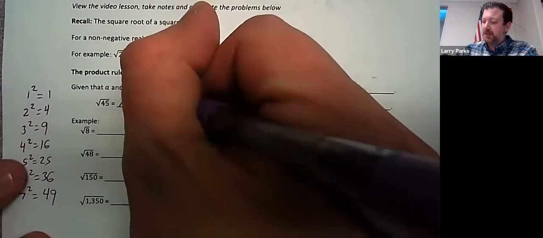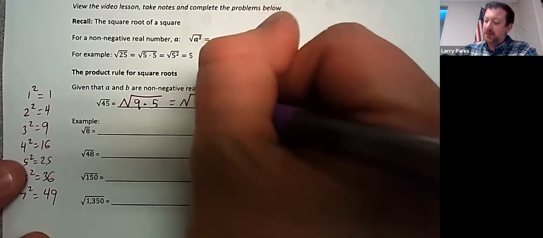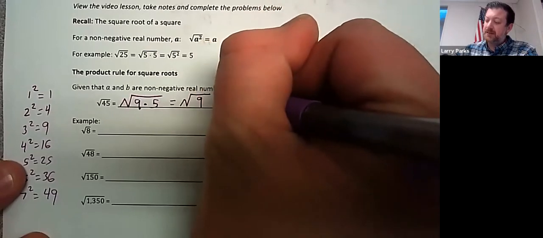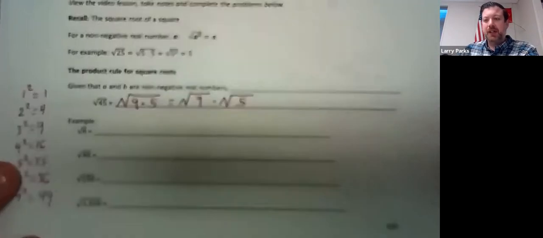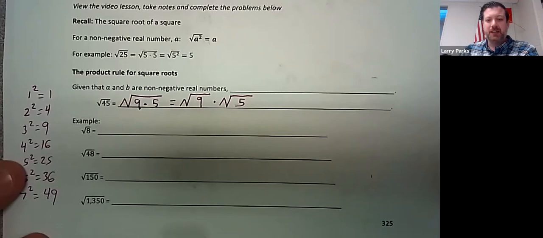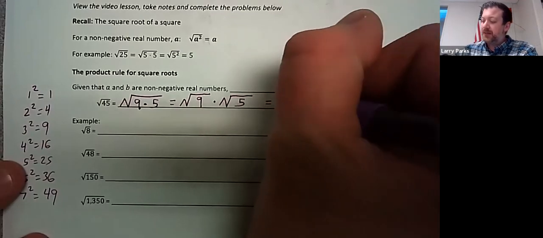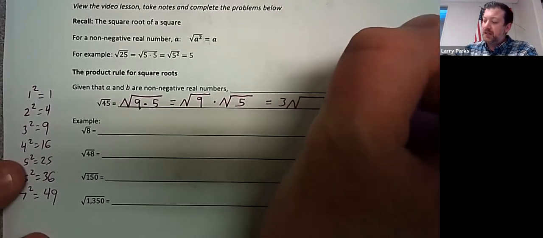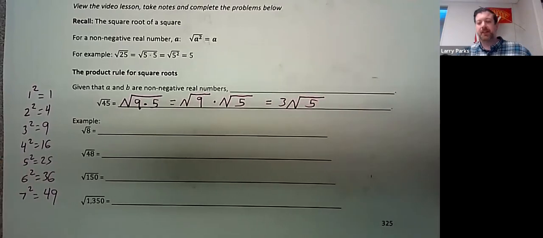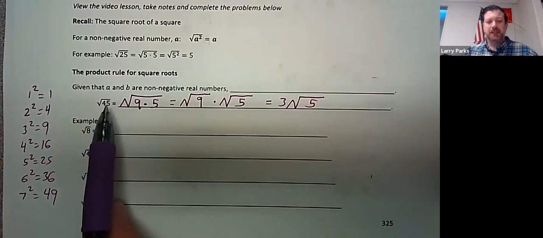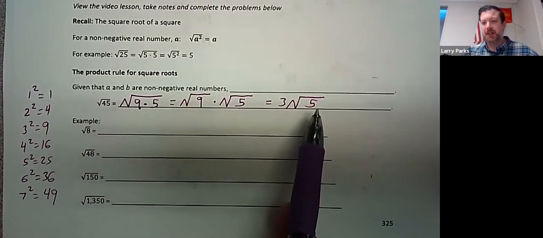So I could break this up into the square root of 9 times square root of 5. And we know square root of 9 is 3. So this simplifies to 3 square root of 5. So when you're simplifying, your goal is to take this number and make it smaller.